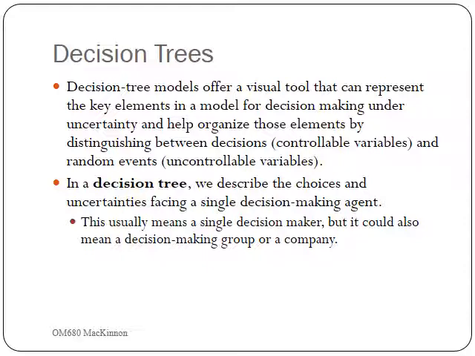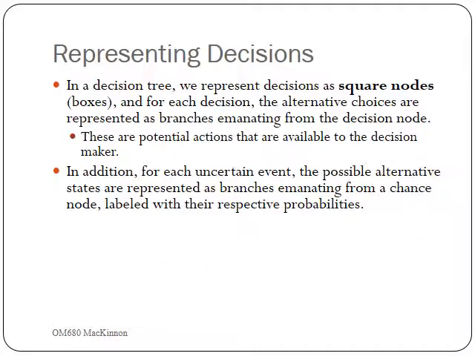In a decision tree, we have choices. These can be the choices of a single decision maker or decision making group, like a committee. But one way or another, it's a single decision-making agent, whether it's a person or a group.